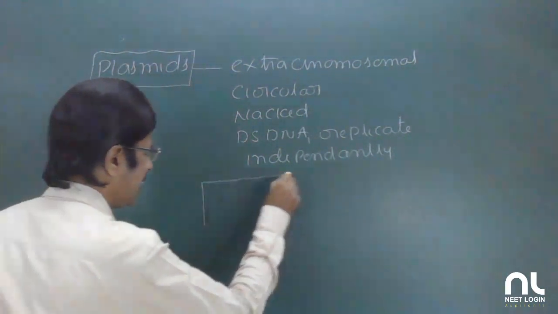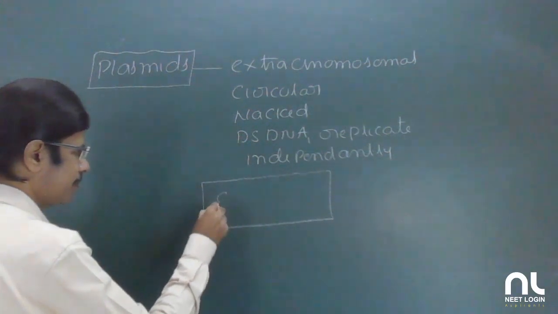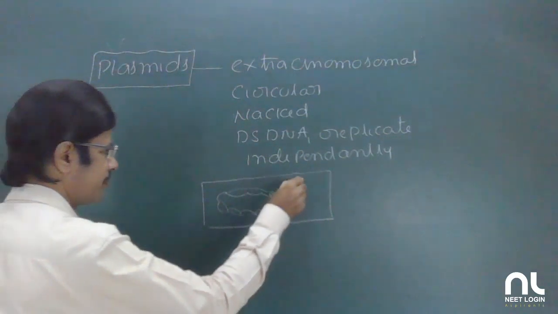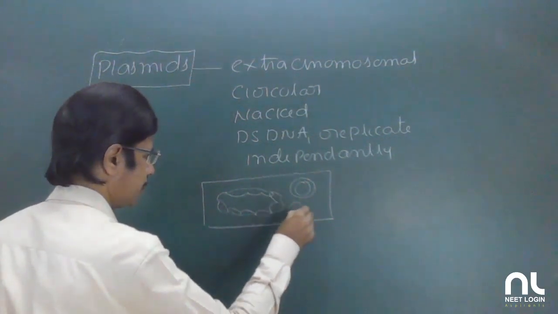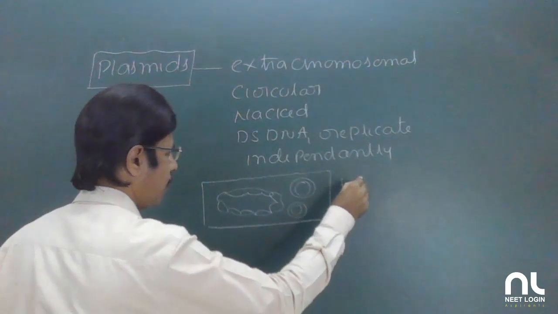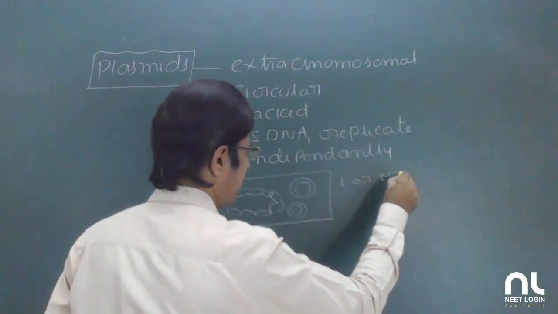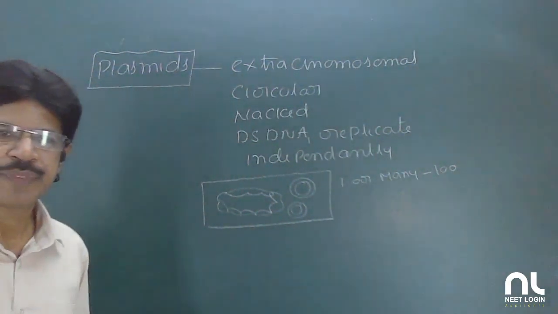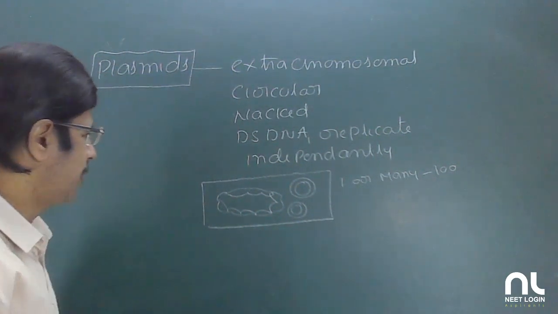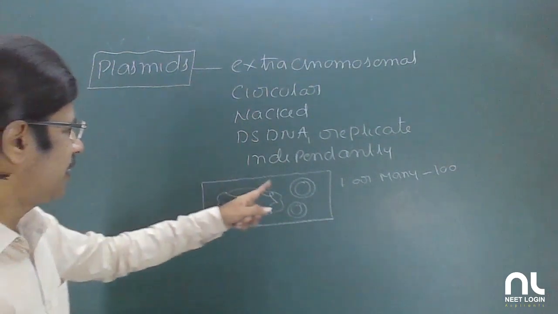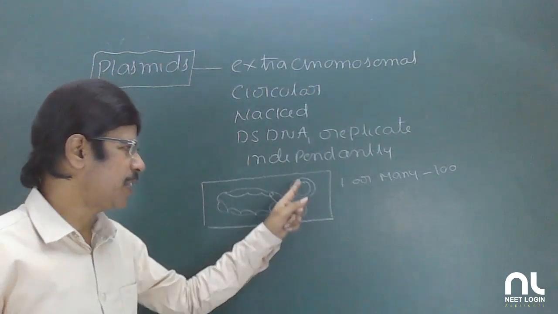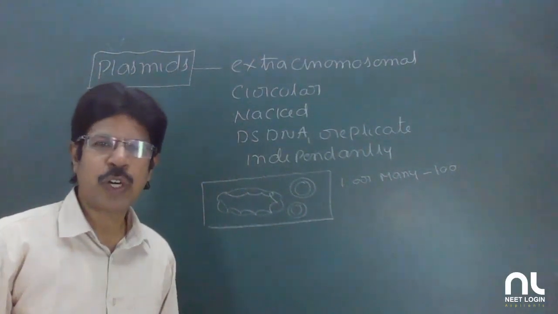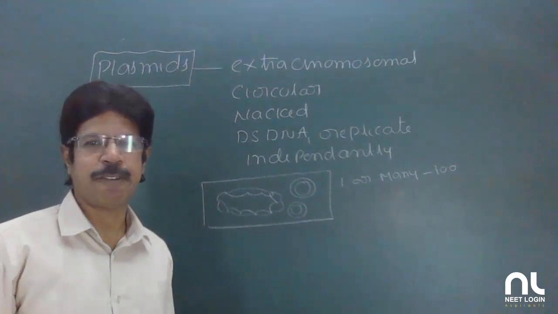Suppose per bacterial cell, there is the main genome, and plasmids may be one or many, even 100 may be present. If you link the foreign DNA to this plasmid, we are going to get the copies of linked DNA every time.